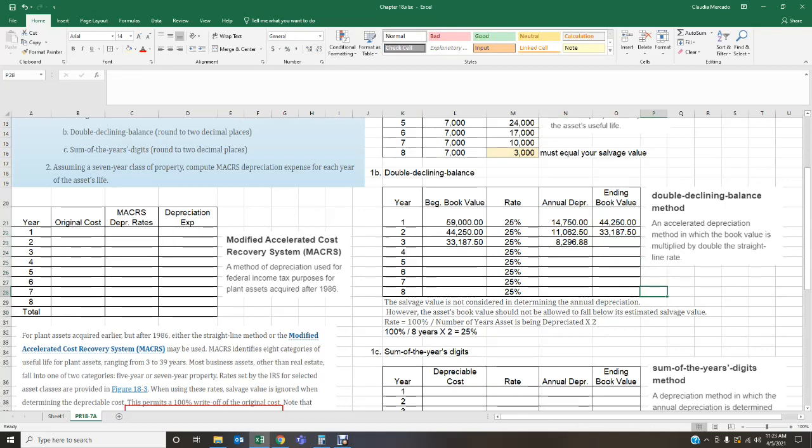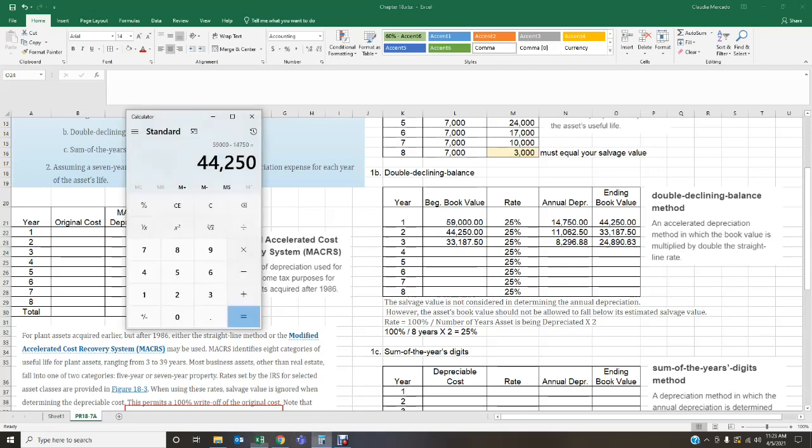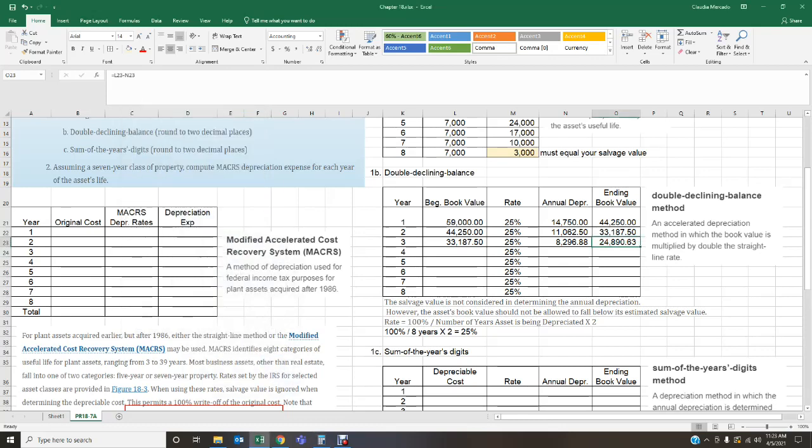Now I get my beginning book value minus my annual depreciation, and that gives me 24,890.63. Well, let me see, how are they rounding here? 33,187.50 minus 8,296.88 should be 24,890.62. So the system is rounding incorrectly in Excel, so I need to use the round formula.